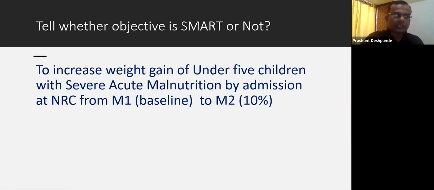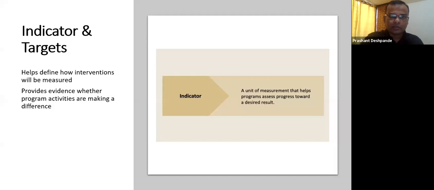Now this particular activity is included in module 3, but it is not mandatory. Though it is not mandatory, we have to go through it for better understanding. So let us go to indicators and targets. What are indicators? An indicator is a unit of measurement that helps the program assess progress.